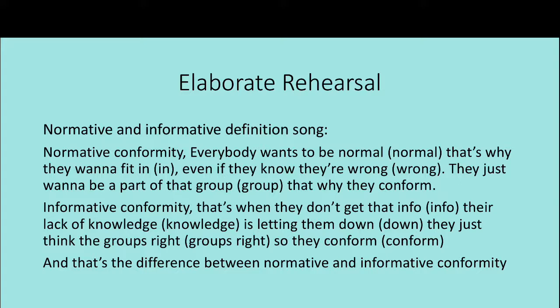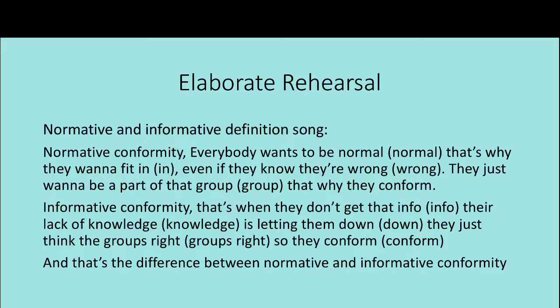3, 2, 1. Normative conformity, everybody wants to be normal. That's why they just want to fit in, even if they know they're wrong. They just want to be a part of that group, that's why they conform.